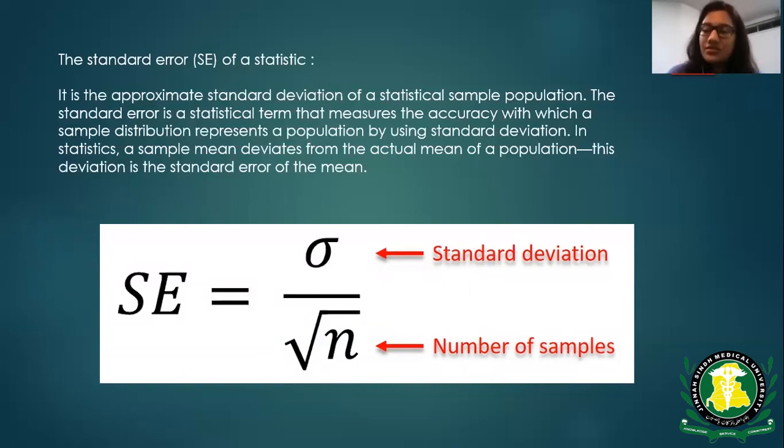A sample is a set of data that is present. Suppose vitamin D levels 3, 4, 5, 6 are present in a sample of a population. That would be represented by small n.